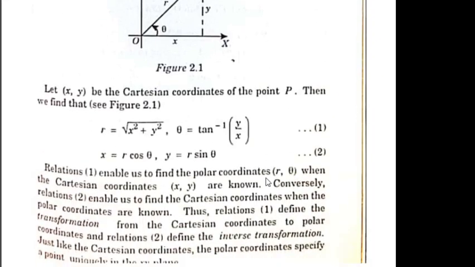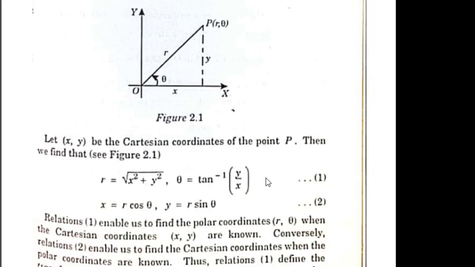Next, we take the relation between Cartesian coordinates and polar coordinates. When we want to convert Cartesian form to polar form, we take x equal to r cos theta and y equal to r sin theta.